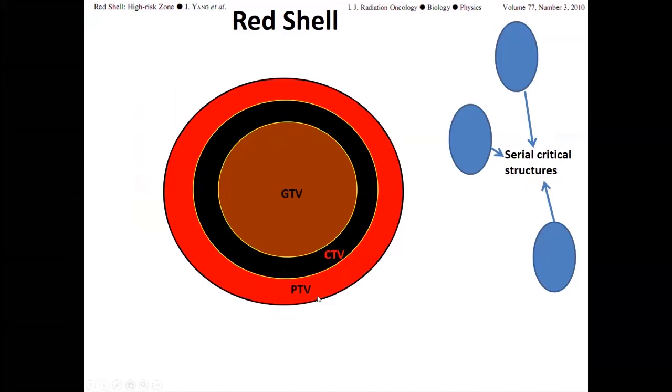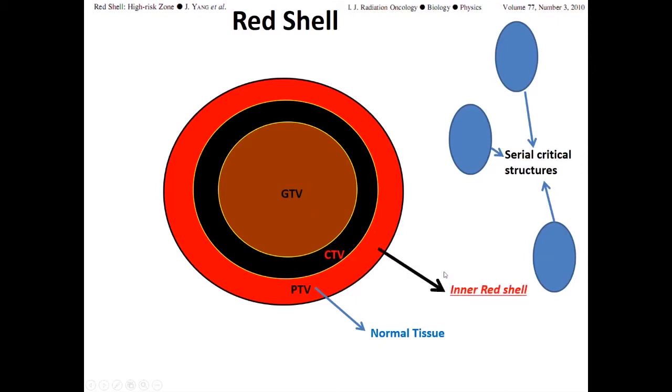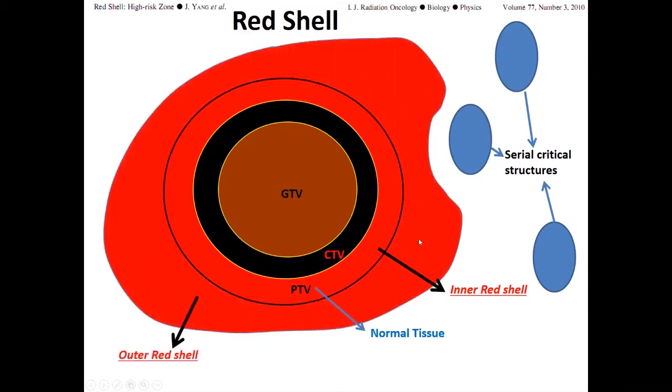Answer is no, PTV only contains normal cells, and we usually prescribe our dose to PTV, which means that normal cells inside the PTV will receive as high dose as GTV or the tumor. So this will form one part of red shell and that is called inner red shell. Now outside this PTV, the dose falls very rapidly as I discussed in my previous slide, but still some volume of the tissue around the PTV will receive high dose of radiation and that will form outer red shell.